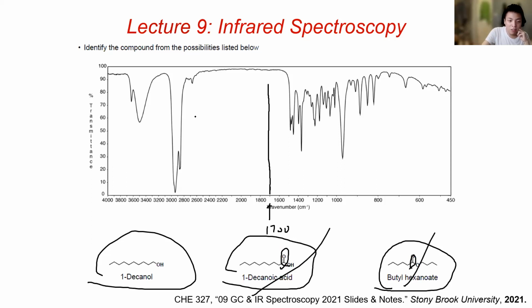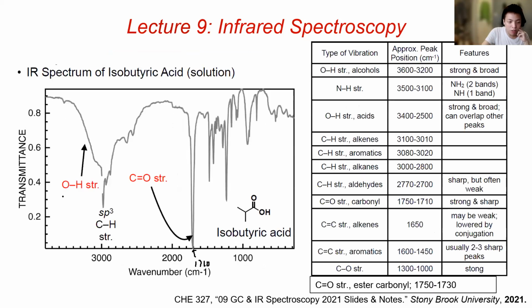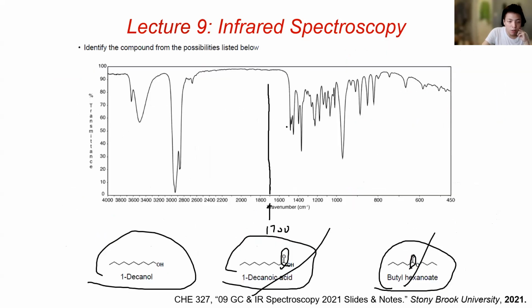And for the acid, the acidic OH stretch is actually in between 3400 to 2500. And we don't observe that here. It already ended somewhere here with just alcohol.